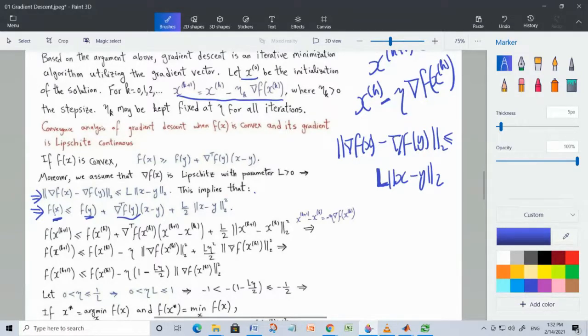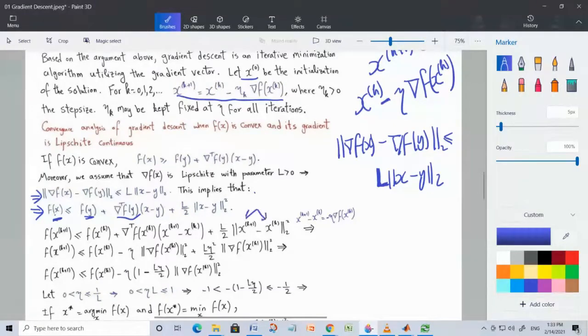Under our assumption, we apply this property to our function, and for x we use the iterate you get in iteration k plus 1, and for y we use the x from iteration k. We write this expression in terms of x superscript k and x superscript k plus 1. The superscript is basically an index for the iterations of the gradient descent algorithm.